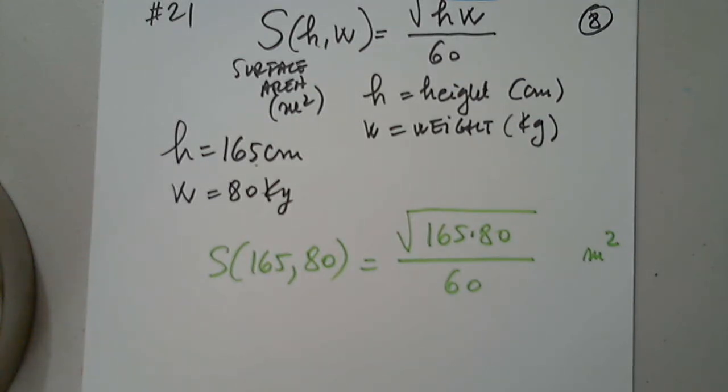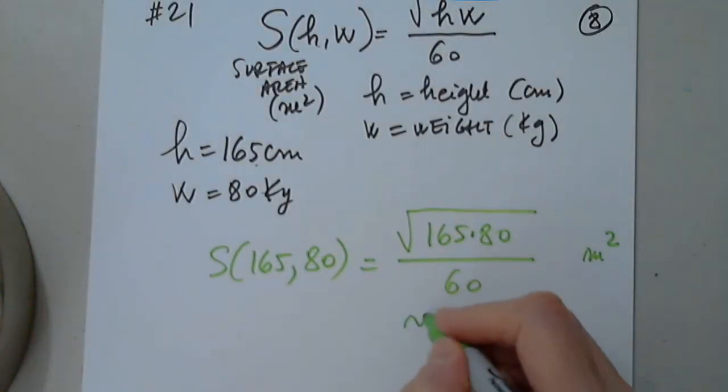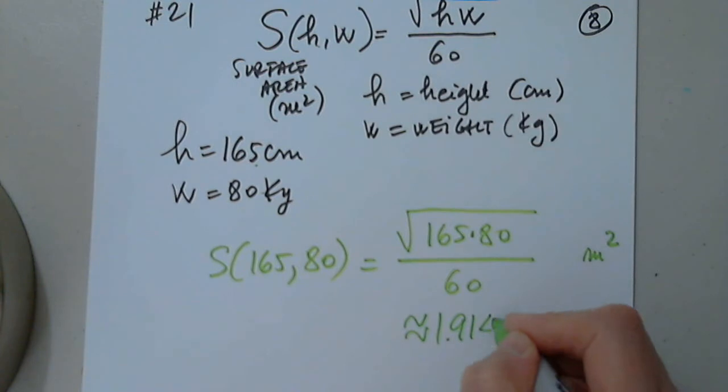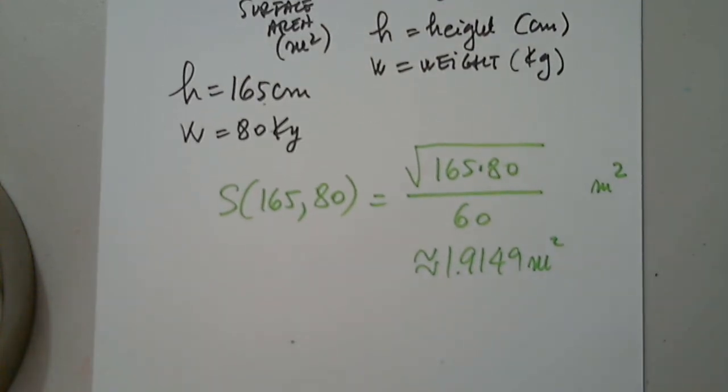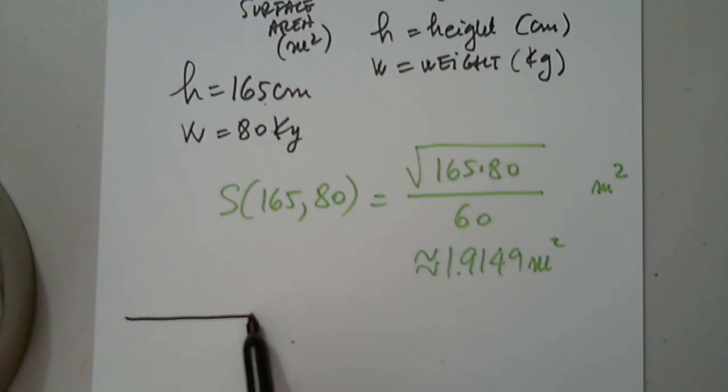And this is 1.9149, approximately, 1.9149 square meters. Very useful formula for determining the surface area. Okay. That is it for section 6.1.